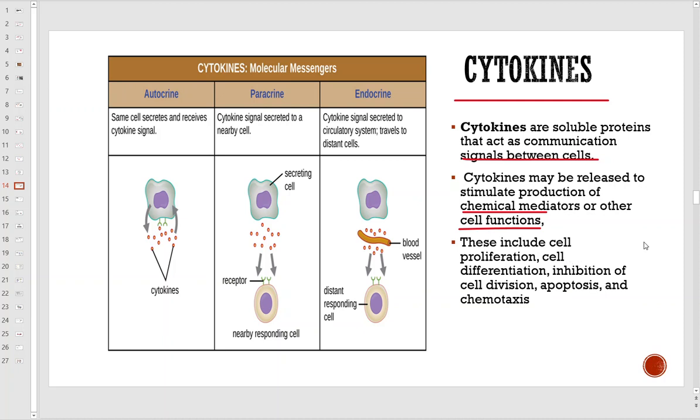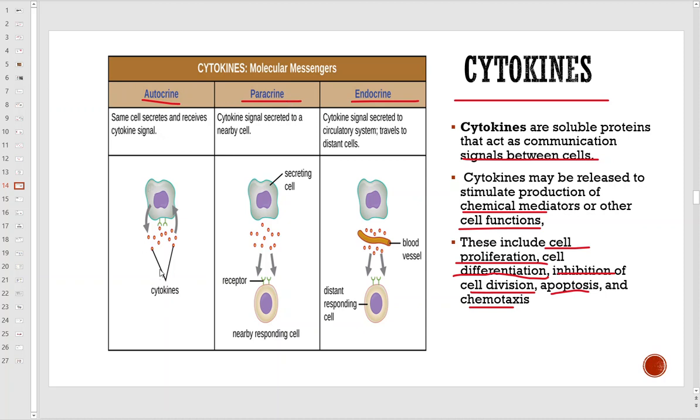For example, we may cause the cells to start dividing rapidly, cause them to change in some way, might inhibit the same cell division, cause cells to destroy themselves, and also the chemotaxis, the homing signal for the white cells.